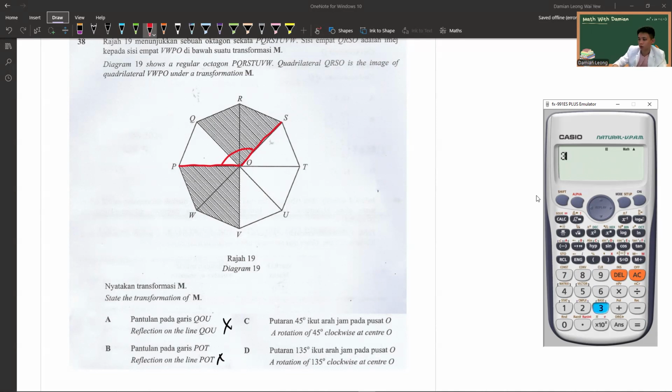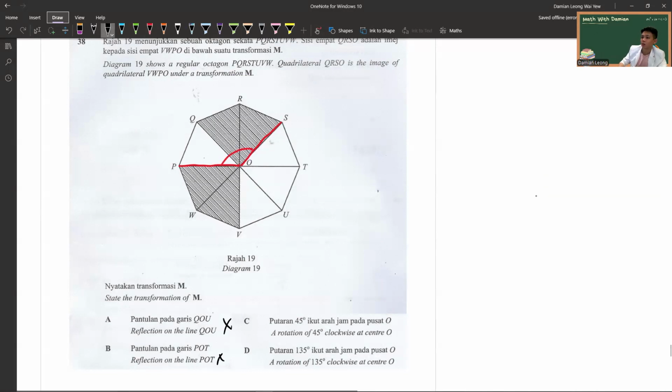So 3 times 45, 135. It is 135 clockwise with O as the center. If it's 45 degrees, then it's wrong. It would just be like this instead. So you have to compare the equivalent points or the equivalent lines in both the object and image.